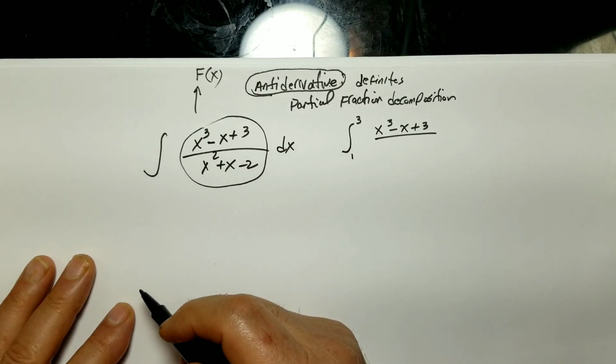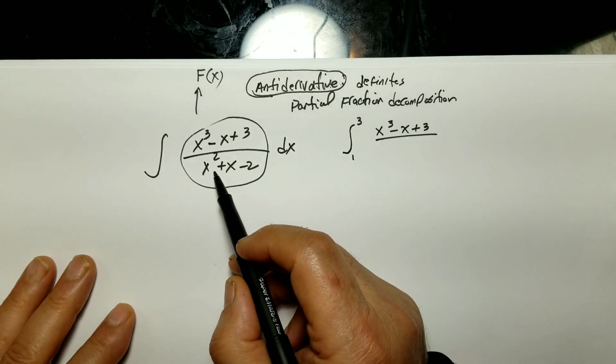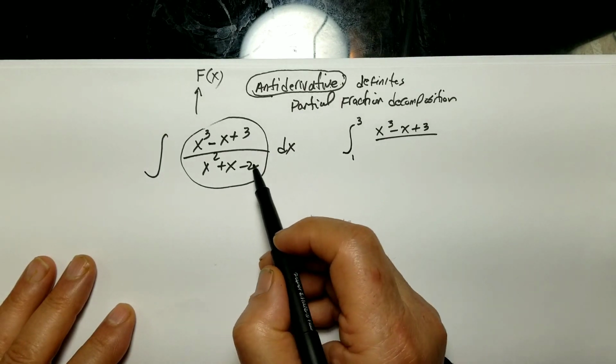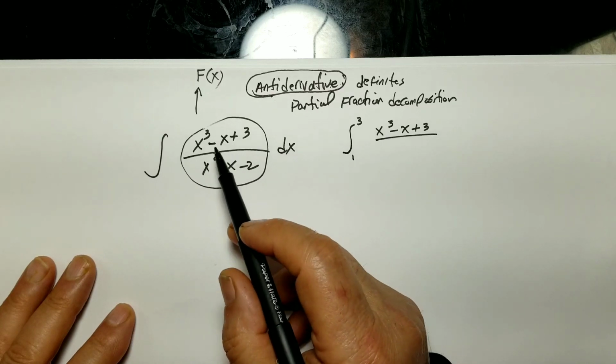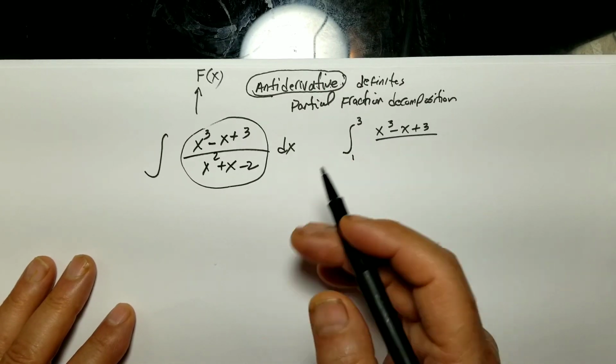First, I have to discuss, number one, can I apply the chain rule, which is the derivative of a composite function? For the chain rule, you have to have the derivative of the inside available.